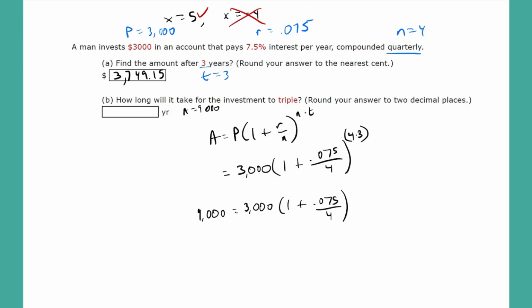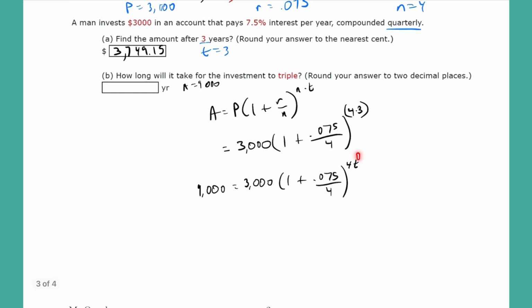We don't know what time is this time, so t is our variable. So we still have compounded quarterly, so 4 times t. So what we're solving for is t this time because we're looking for how long it will take in years.